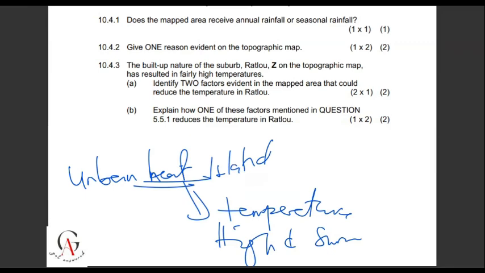What causes the urban area to have high temperatures? Now you talk of the factors which promote higher temperatures in an urban area. For example, built up surfaces, for example, concrete surfaces. You talk of reflection from the buildings. You talk of the number of buildings. You talk of pollution in the urban area.